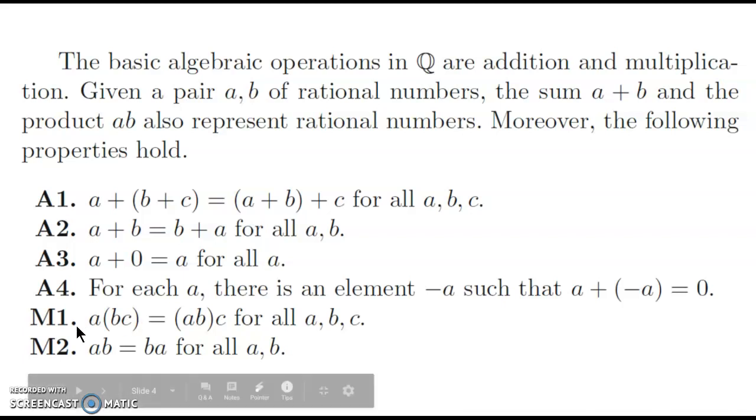The value of a into bc is the same as ab into c for all a, b, c. Now multiplication is commutative as well. So the value of ab is the same as ba for all a, b. So these are some addition properties as well as multiplication properties which hold for the set of rational numbers.